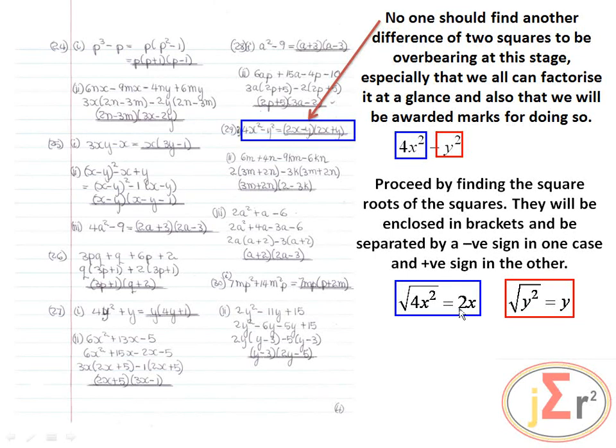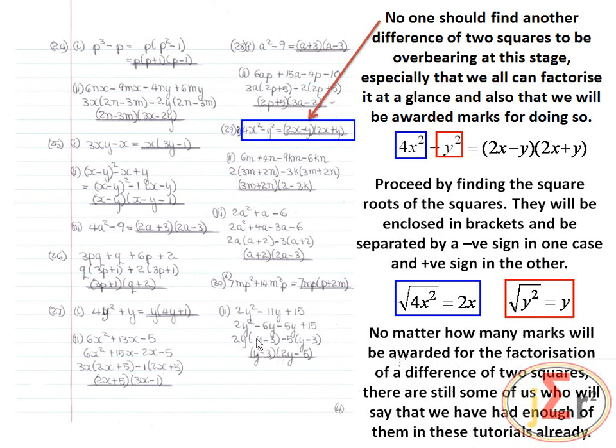Square root of 4 is 2 and square root of x squared is x. No difficulty. We'll have them enclosed in brackets. The square roots are enclosed in brackets, and we will separate them by a positive sign in one case and a negative sign in the other.